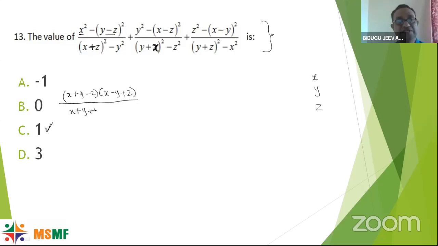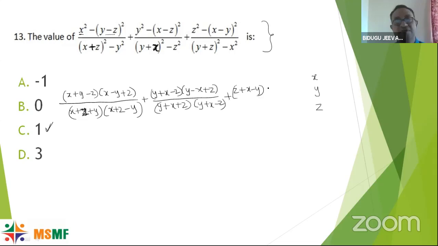Similarly, y plus x minus z into y minus x plus z upon y plus x plus z and y plus x minus z. In the same way, z plus x minus y, z minus x plus y divided by y plus z plus x and y plus z minus x.